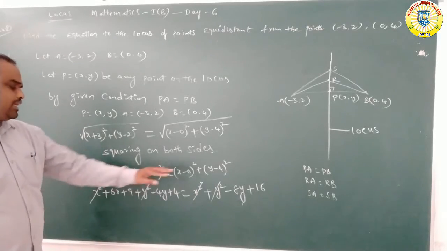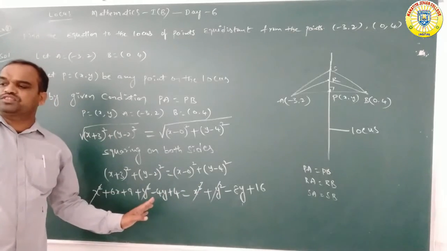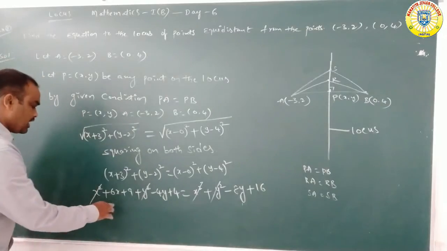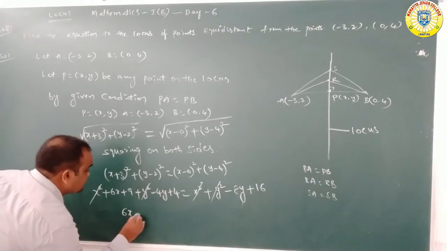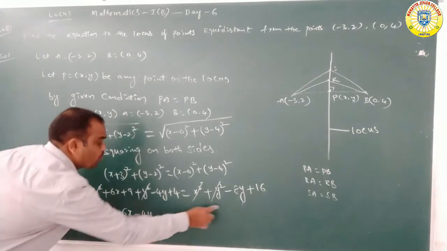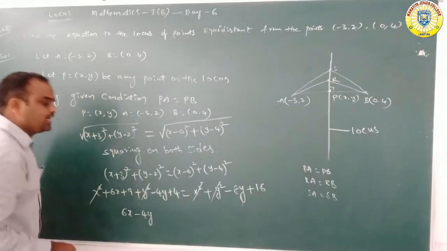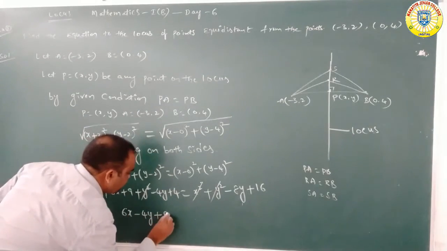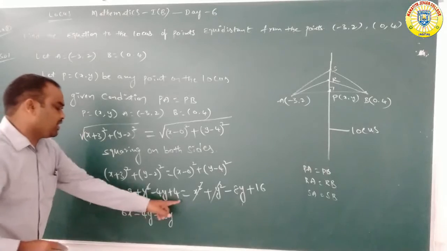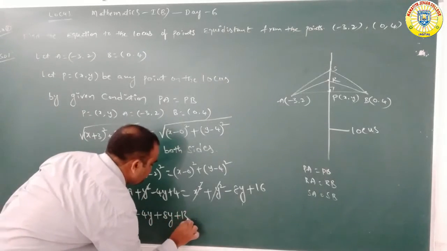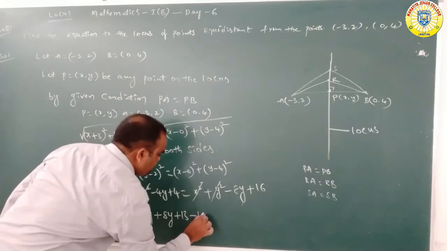So now we take all the terms to the left side. There is already 6x, then −4y, and the −8y we take to the left side as +8y. Here 9 plus 4 is 13, and 16 we take over as minus 16.